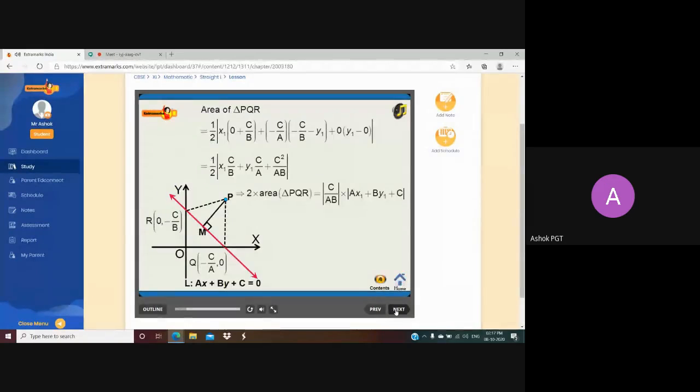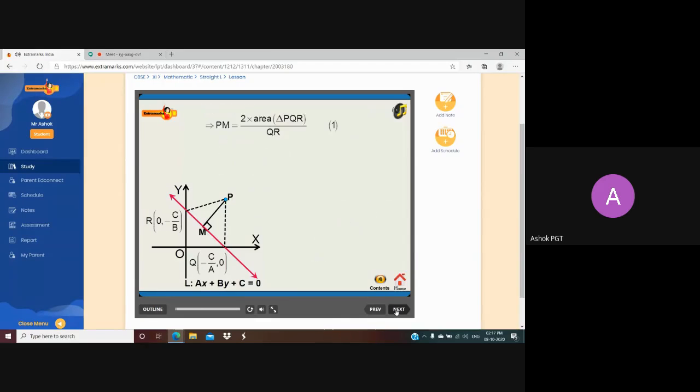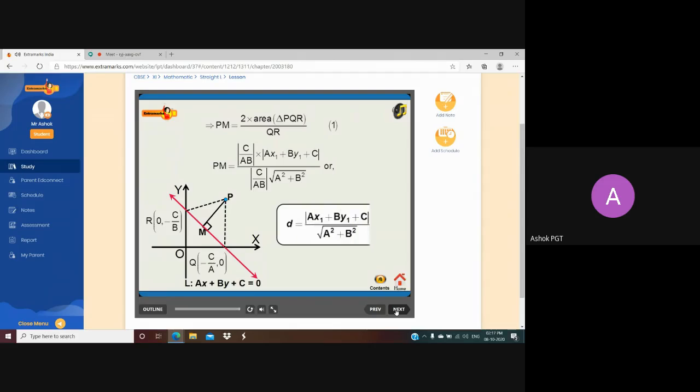Similarly, by using the distance formula, the value of the distance QR is given by the following expression. Now, substitute the value of the area of triangle PQR and the distance QR in equation 1. On simplifying, the distance of the point P from the line L is given by the following formula.